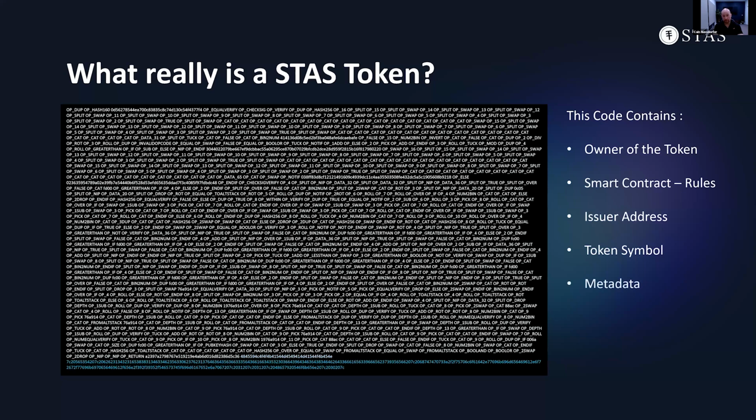And last of all, you have the metadata. This can be anything, right? It just depends on your application, how you want to interact with your tokens in the UI, or the type of data you want to handle. A lot of applications use JSON format, which is pretty standard.